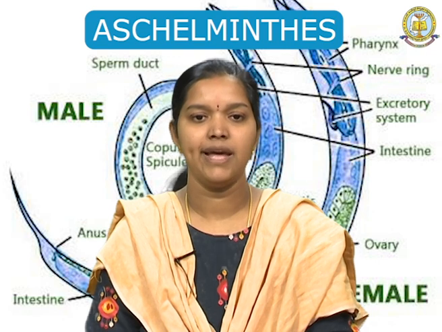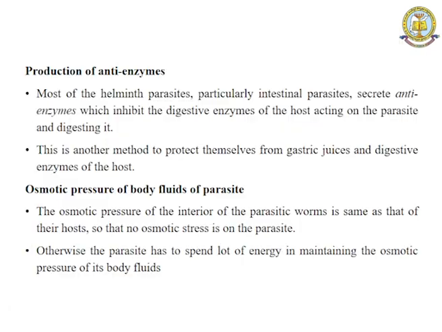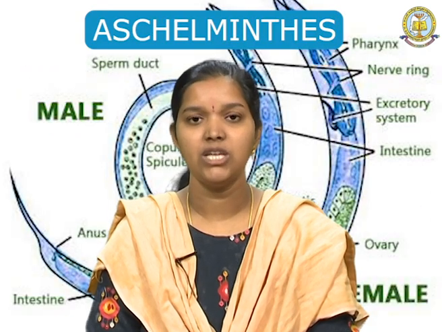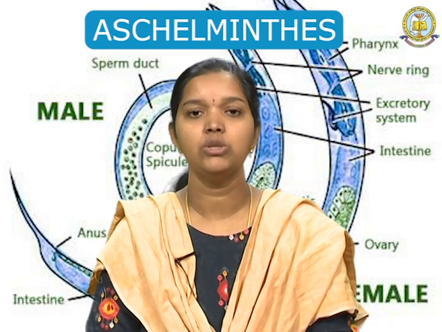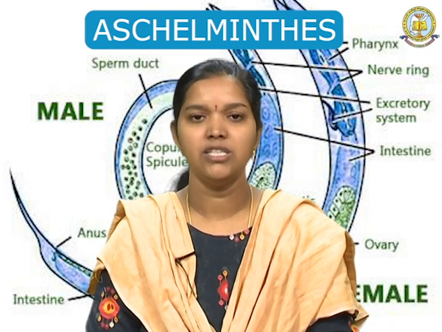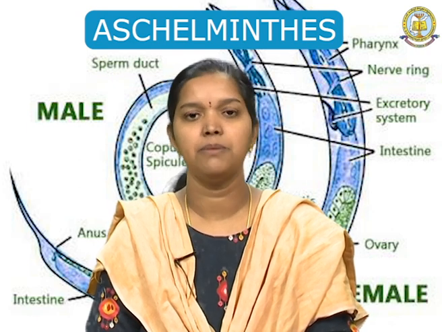And the next adaptation is production of anti-enzymes. Most of the helminth parasites, particularly the intestinal parasites, secrete some anti-enzymes which inhibit the digestive enzymes of the host. The intestine of the host produces various enzymes to digest the food as well as the parasites.